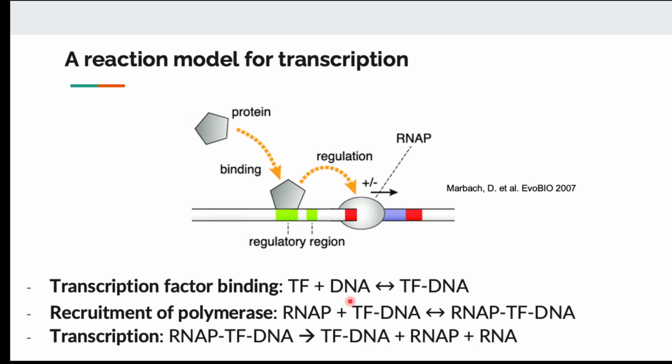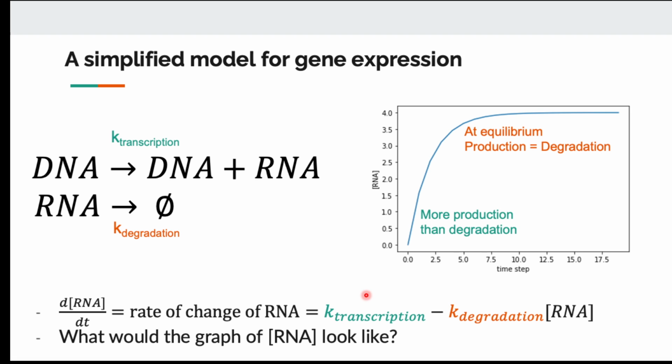So these are reactions that we can think about when we model the process of transcription as a 3-step process, which will make the problem too complex. So for the sake of simplicity, in this class, we are going to model transcription as a 1-step process.